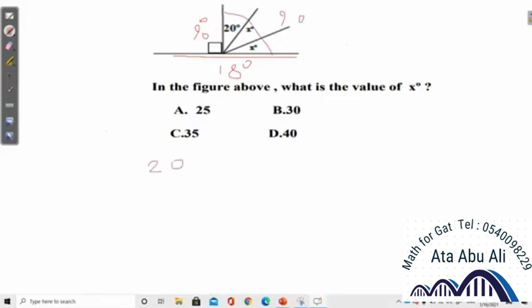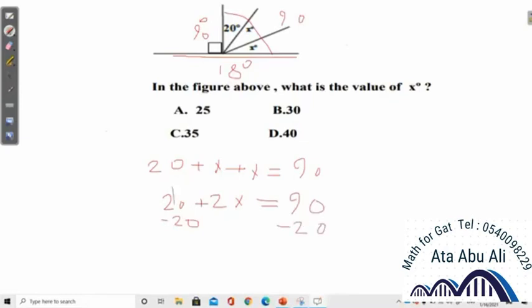20 plus x is equal to what? Is equal to 90. Now we can make it like this. Here x plus x is 2x plus 20. All of this is equal to 90. Now we can subtract 20 from both sides, minus 20 here and minus 20 here.